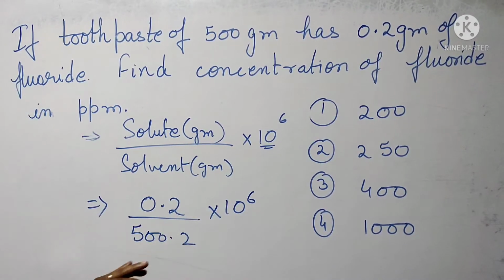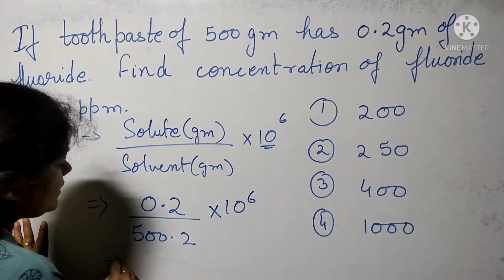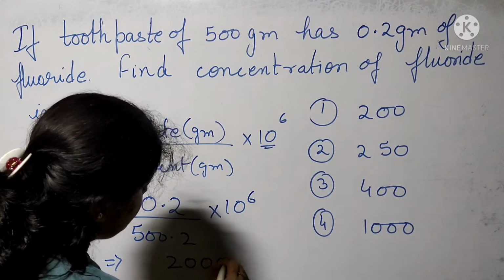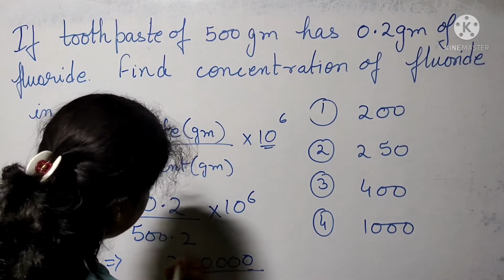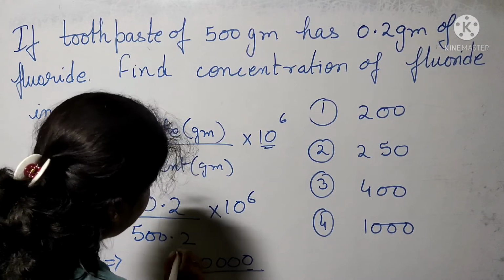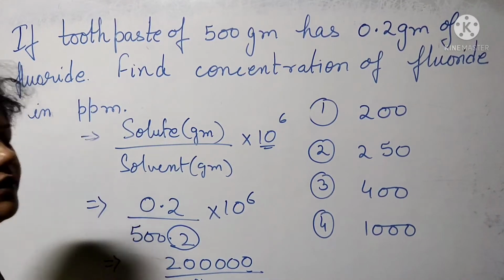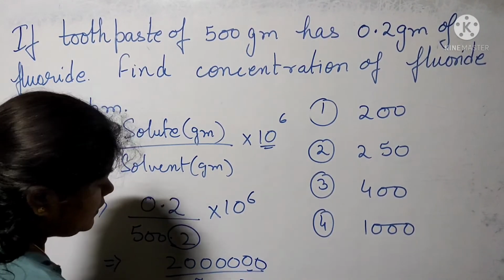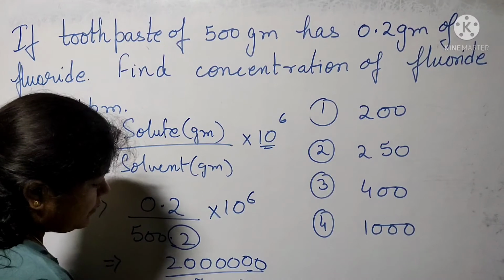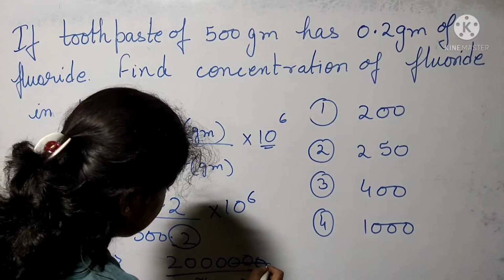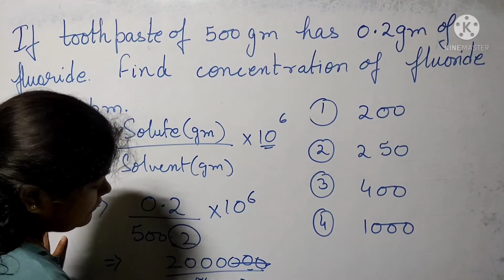Now if we multiply them, what do we get? We get 0.2 into 10 to the power 6 over 500.2, and we can just ignore the 0.2. So 3 zeros cancel, and we are left with 5.